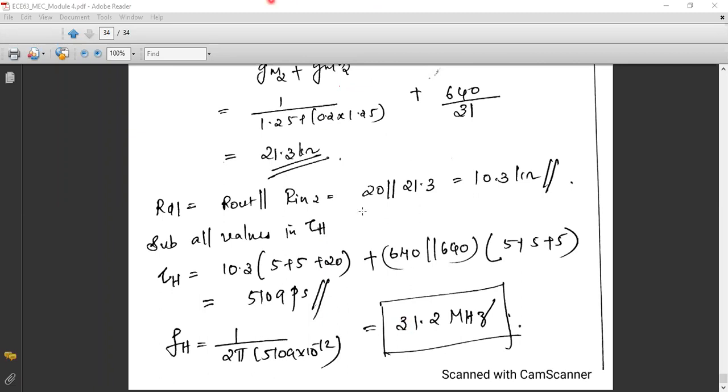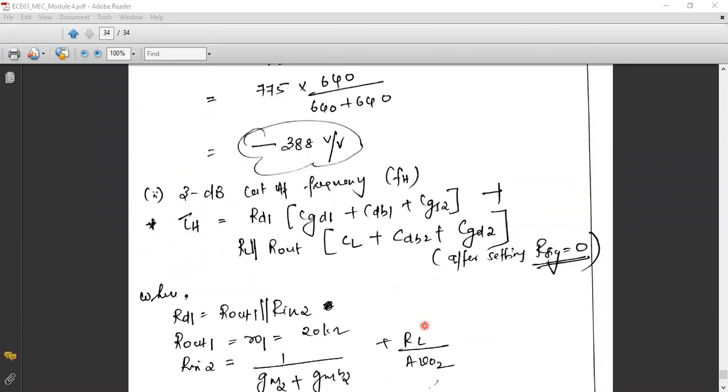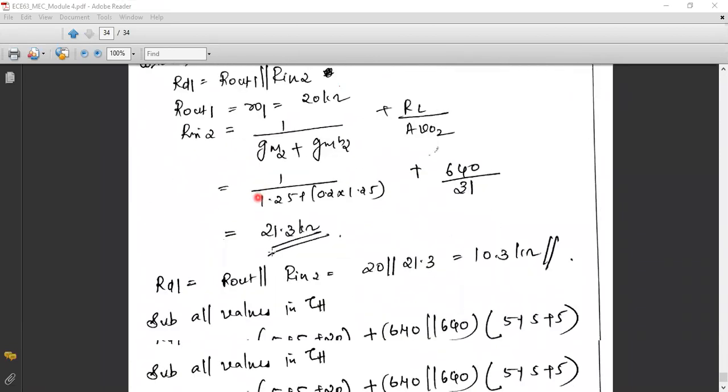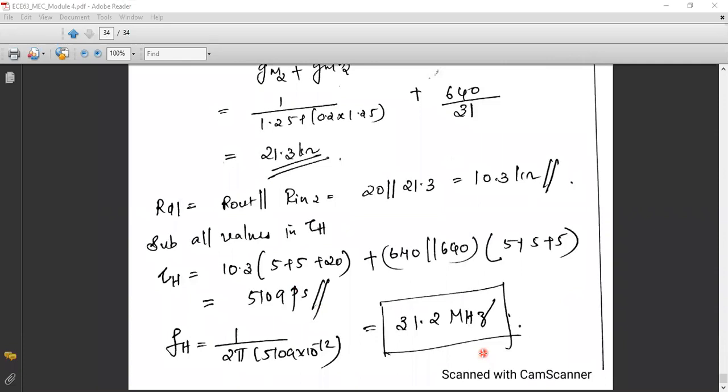Are you following me? So whatever the multiplication factor you got in the gain, the same factor will be acting as a dividing factor here. The cutoff frequency of a CS amplifier was 1.06 gigahertz. If you divide this 1.06 with 31, your answer will be close to 31.2 megahertz.